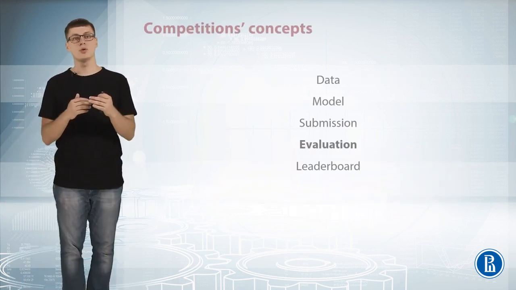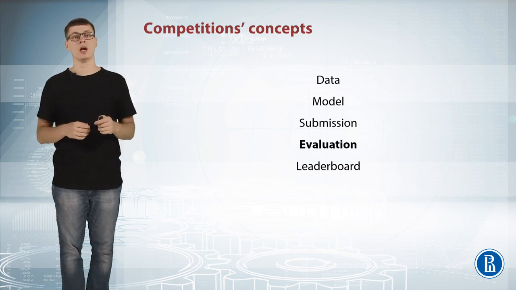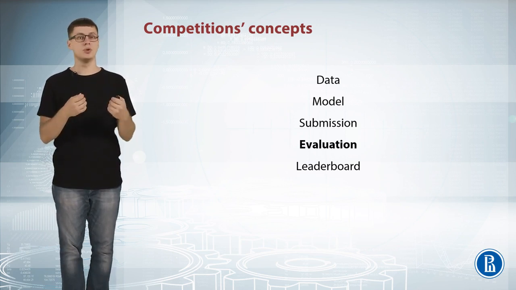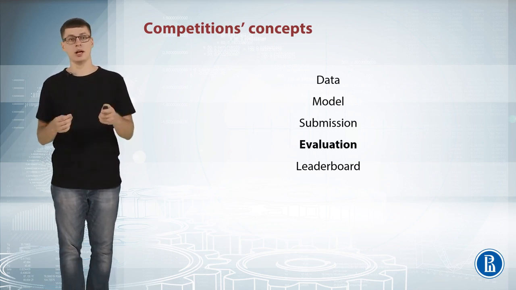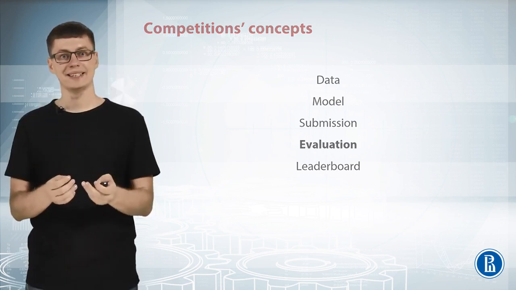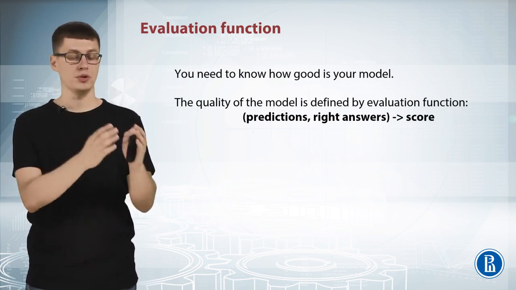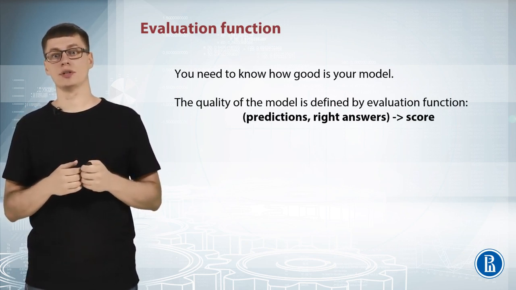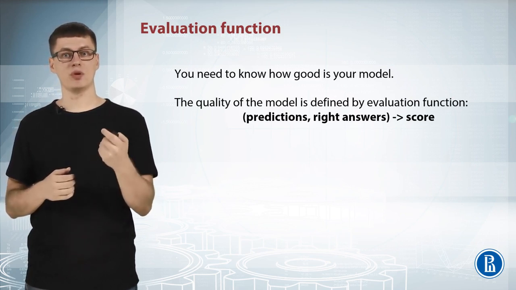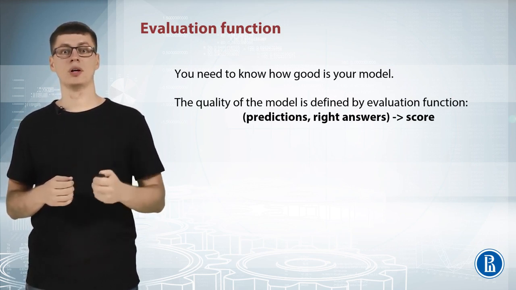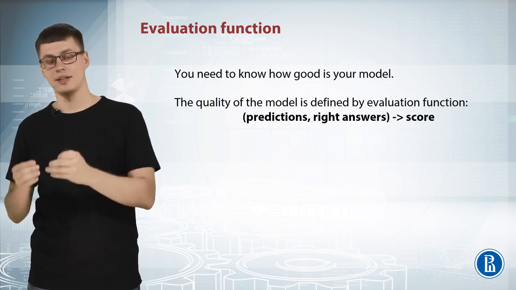Now we move to the next concept, the evaluation function. When you submit predictions, you need to know how good your model is. The quality of the model is defined by the evaluation function. In essence, it's simply a function that takes predictions and correct answers and returns a score characterizing the performance of the solution. The simplest example of such a function is the accuracy score, which is just the rate of correct answers.